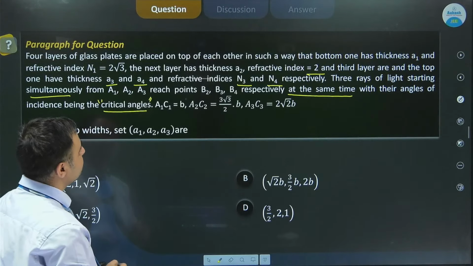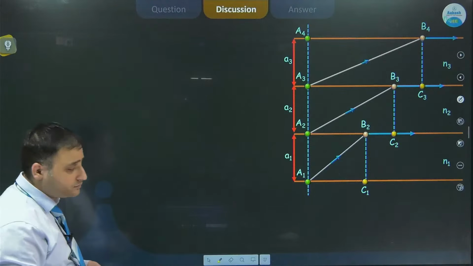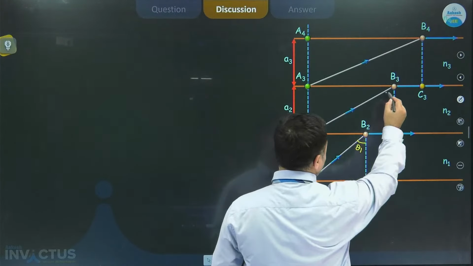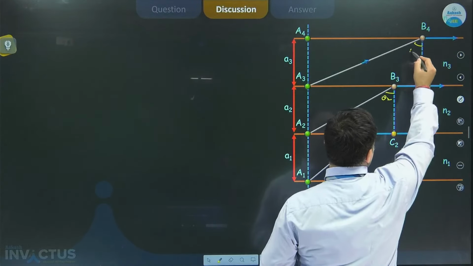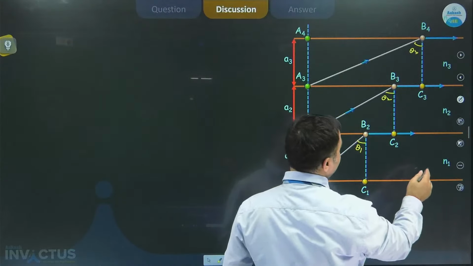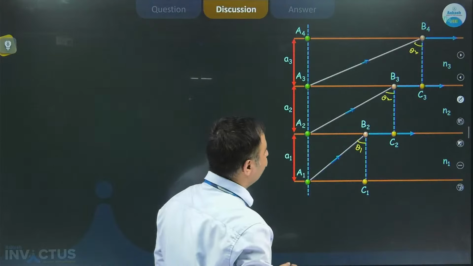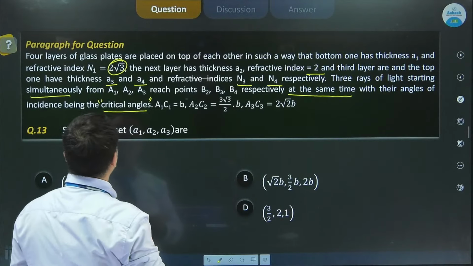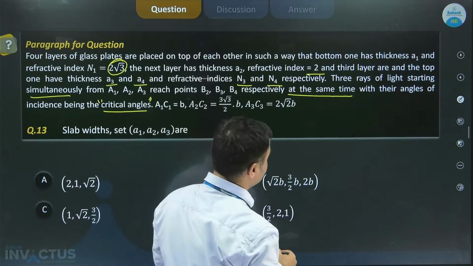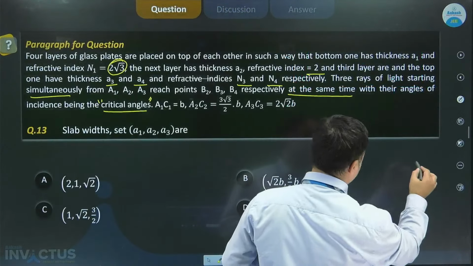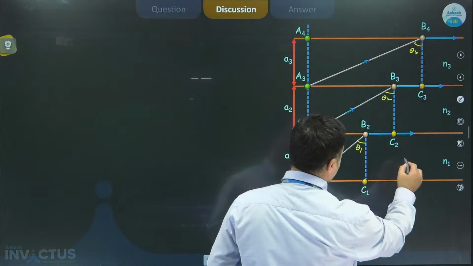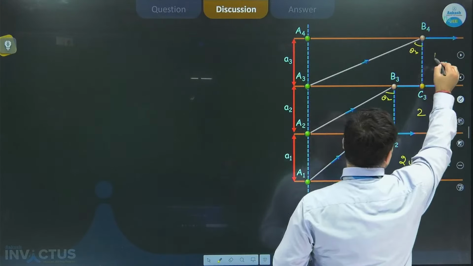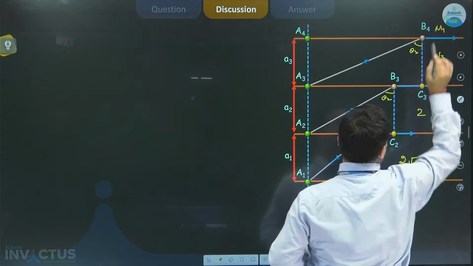So the diagram is like this. These angles are critical angles. Let's say this is theta 1, this is theta 2, and this is theta 3, and refractive indexes are N1, N3 and N4. The refractive index of the first layer is 2 root 3, for the second it is 2, for the third it is N3, and for the fourth it is N4.